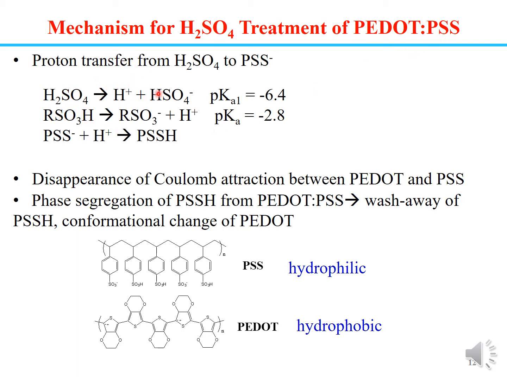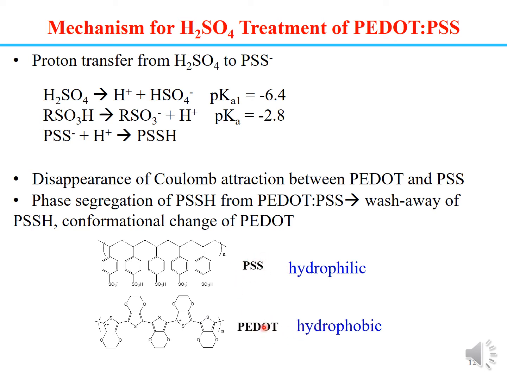Protons can be transferred from sulfuric acid to the polyanion PSS because sulfuric acid is a stronger acid than PSSH. Then after this polyanion becomes neutral PSSH, the Coulomb attraction between PEDOT and PSS will disappear.